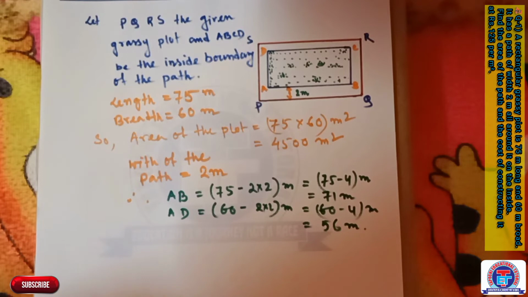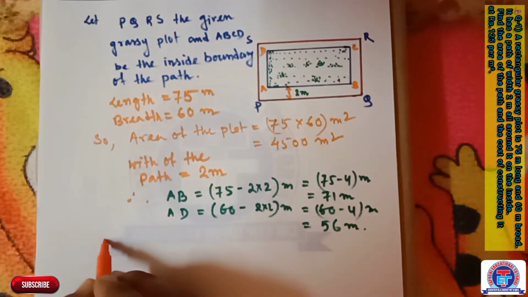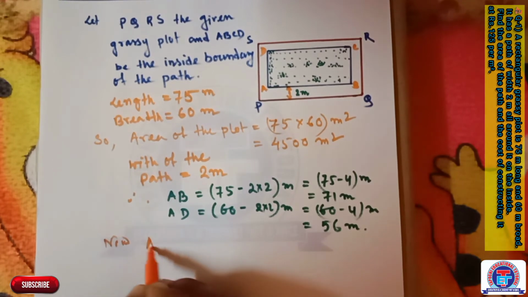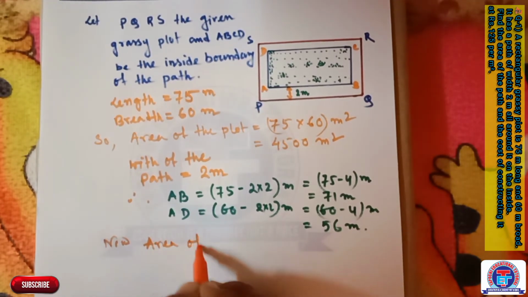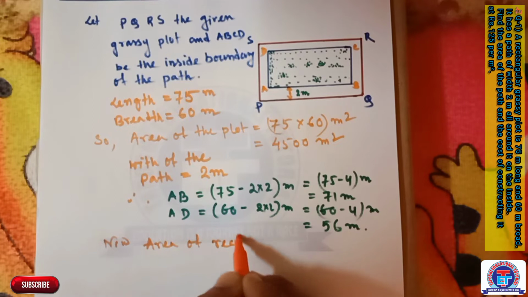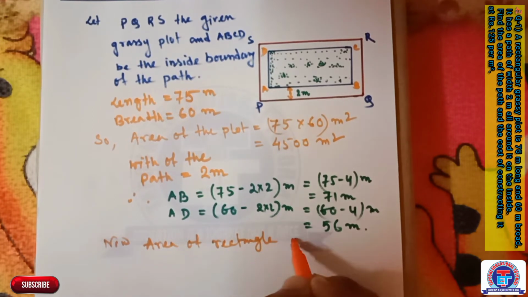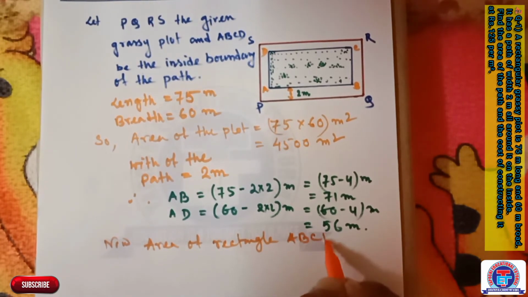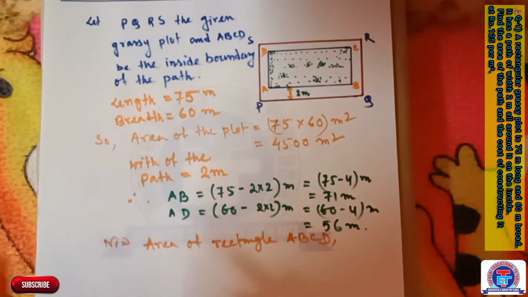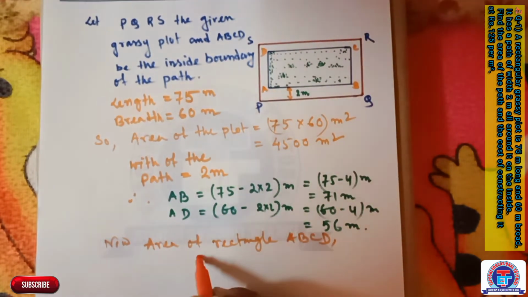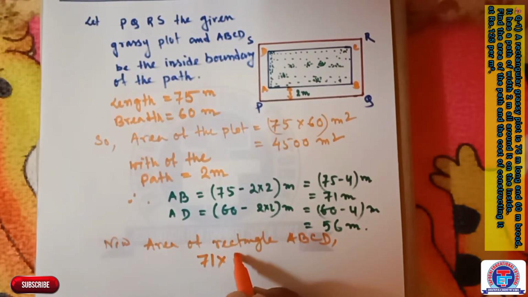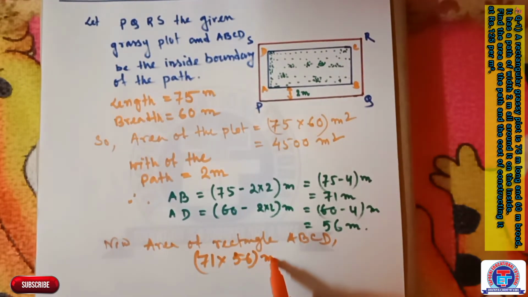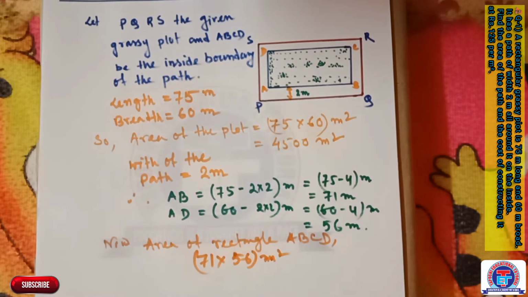So now the area of rectangle ABCD, we can write 71 into 56 meter square, correct?